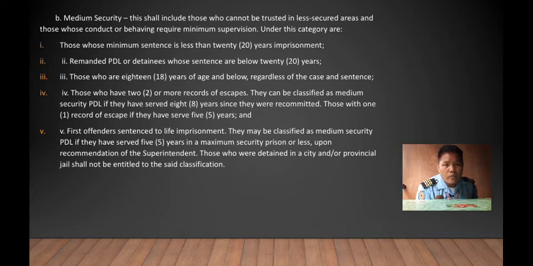Those with 1 record of escape, if they have served 5 years, and first offenders sentenced to life imprisonment may be classified as medium security PDL if they have served 5 years in a maximum security prison or less upon recommendation of the superintendent. Those who were detained in a city and or provincial jail shall not be entitled to the said classification.